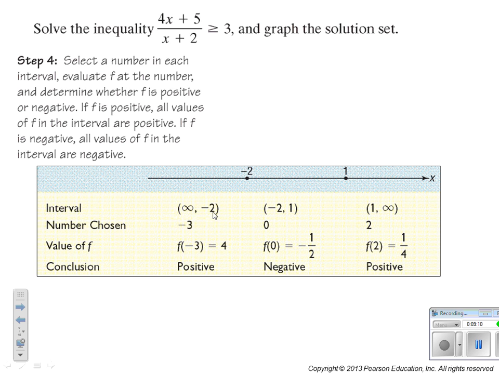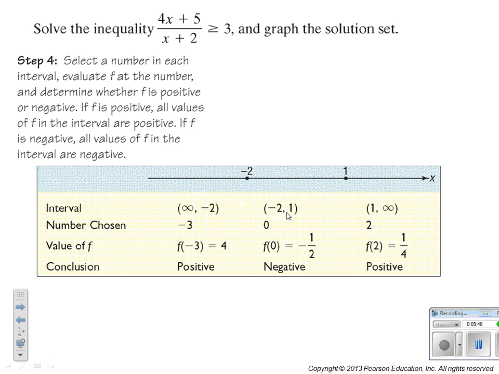We choose negative 3, so we plug that in, and 4 times negative 3 is negative 12, plus 5 is negative 7, and negative 3 plus 2 is negative 1, and negative 7 divided by negative 1 is 7, and then minus 3 is 4. So we are positive in this region right here.